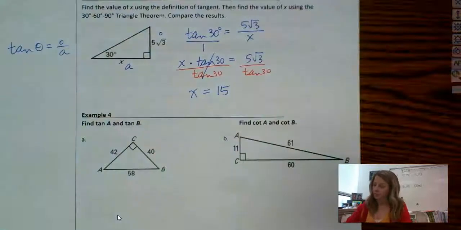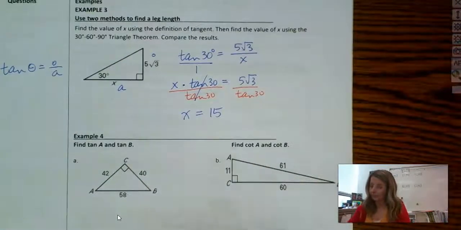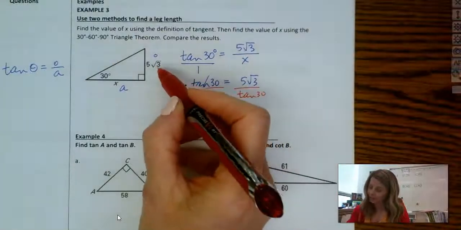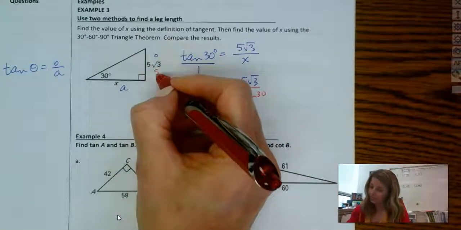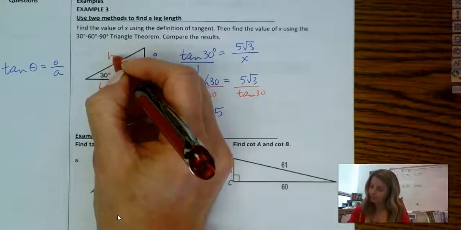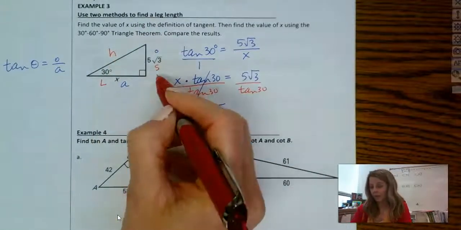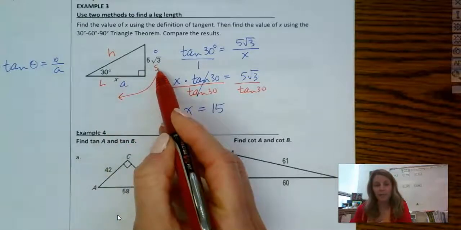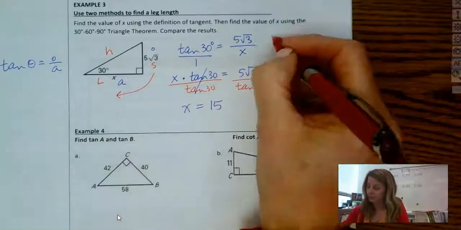Okay. All right, let's do the 30, 60, 90 rules. So I've got short leg, long leg, hypotenuse. To go from short to long, which is what I want, I can simply multiply by square root of 3.